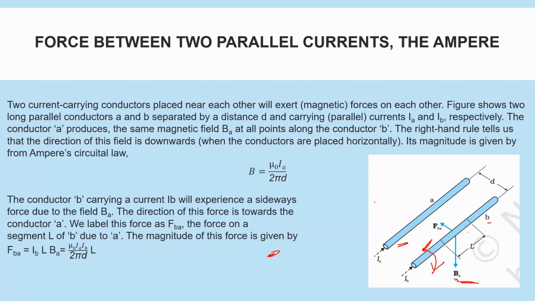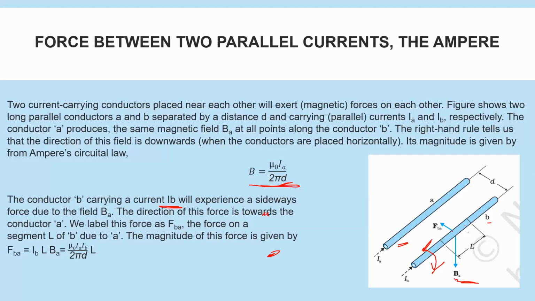Now with the help of Ampere's law, we are going to consider d as the distance between the two conductors, and we are just going to replace r with d. This is the representation of Ampere's law for the magnetic field that is present over here. Now conductor B is also carrying a current IB, so there is a current flowing in B, and it will experience a sideways force due to the field BA.